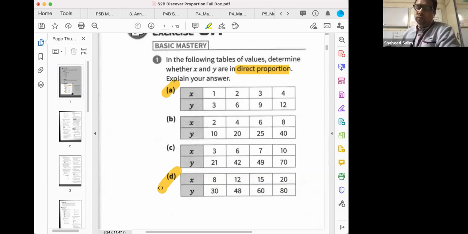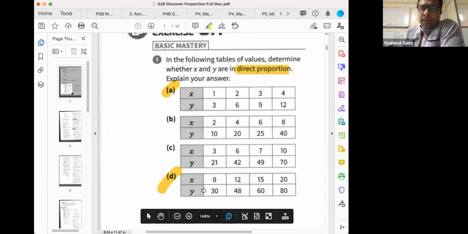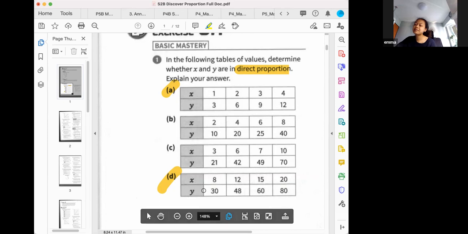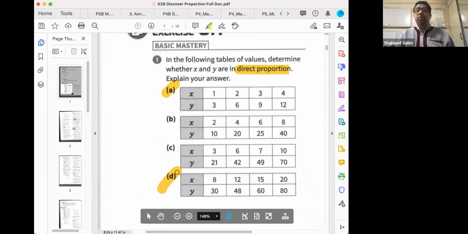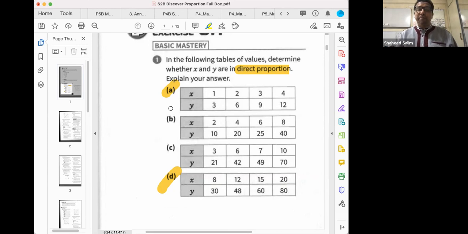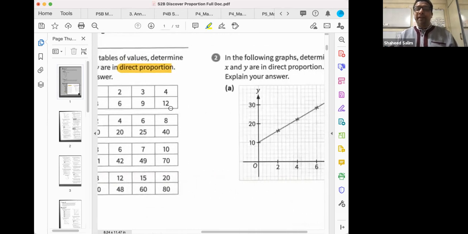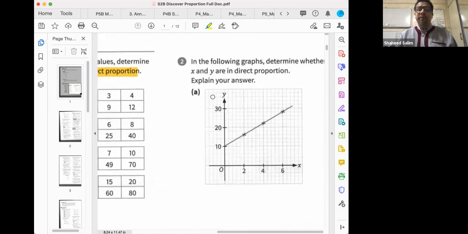No. So if you're gonna explain why you say no, what do you say? The value of K changes, or the value of K is not constant. Remember, because K stands for constant, right? Okay, so not bad. Emma, well done. You have remembered. Congratulations.